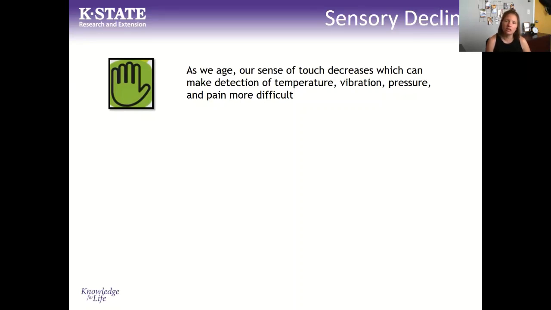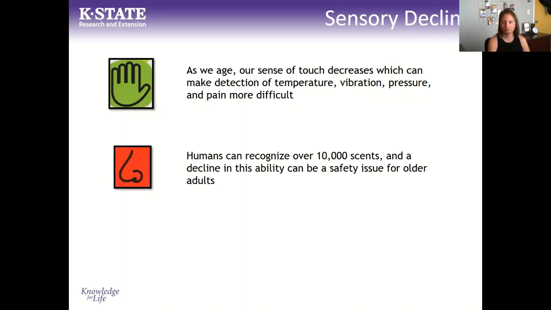We know that for individuals who are diabetic, they can have significant complications from untreated wounds. We've seen this happen in many older adults who get lacerations on the foot, which then become infected, and all of that process is significantly worsened by their diabetes. So it's really interesting the impact that our sense of touch can have on our overall well-being as we age.